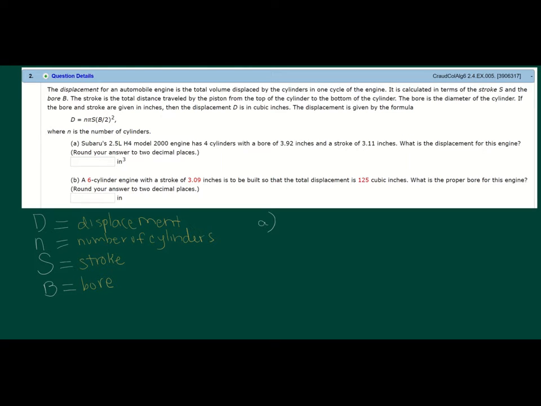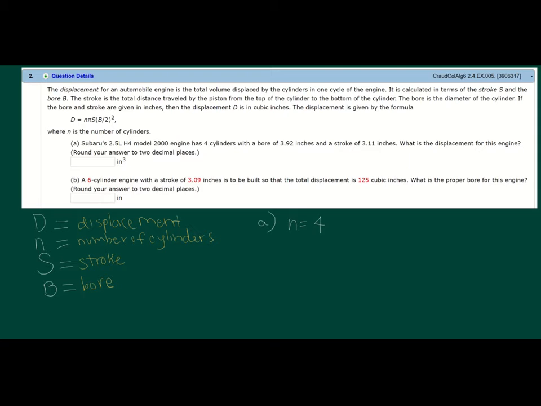I made a quick list of the meaning of each of those variables. D is displacement, N is the number of cylinders in the engine, S is the stroke, which is the distance traveled by the pistons in the engine, and B is the bore, which is the diameter of each of the cylinders.